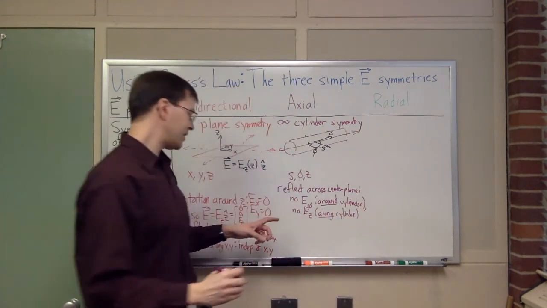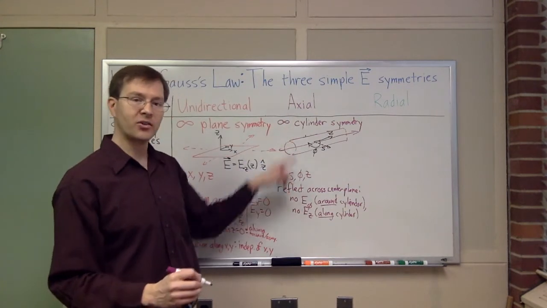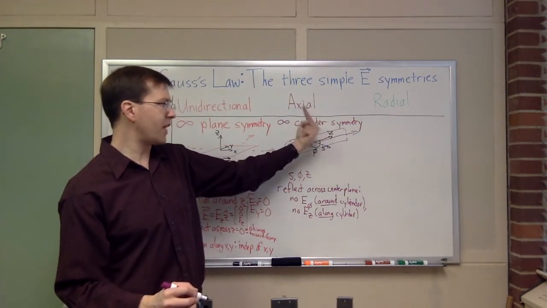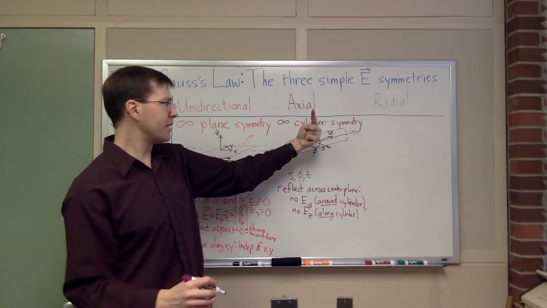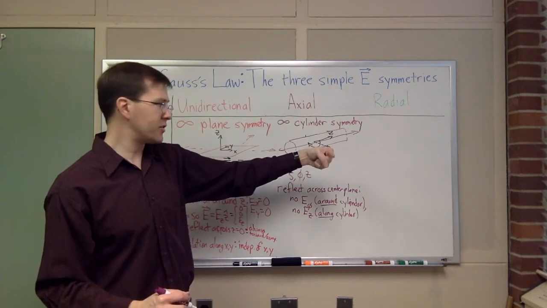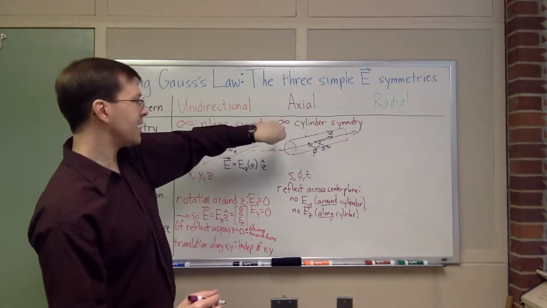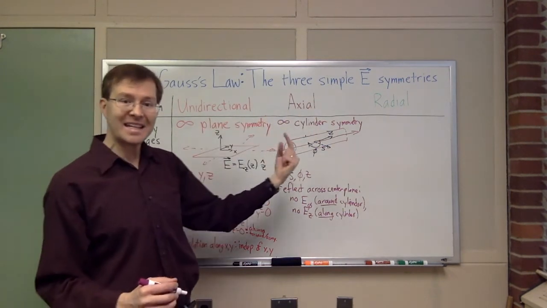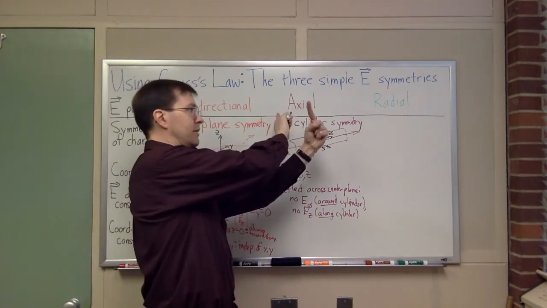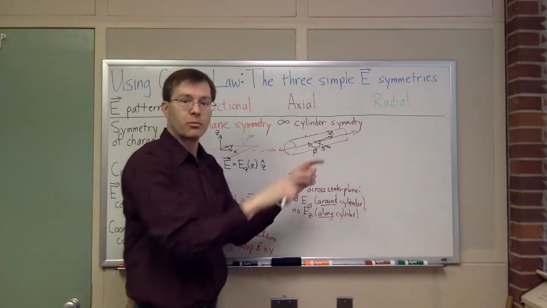So that tells me that my electric field for the axial case, the only thing it could be is away from the cylinder, because if I had this thing going this way, and I reflect it, then it would be going away on the other side, right? If this were coming out here and I reflect front to back, it would be going out the back. That is allowed. Those will swap directions. It'll be fine.